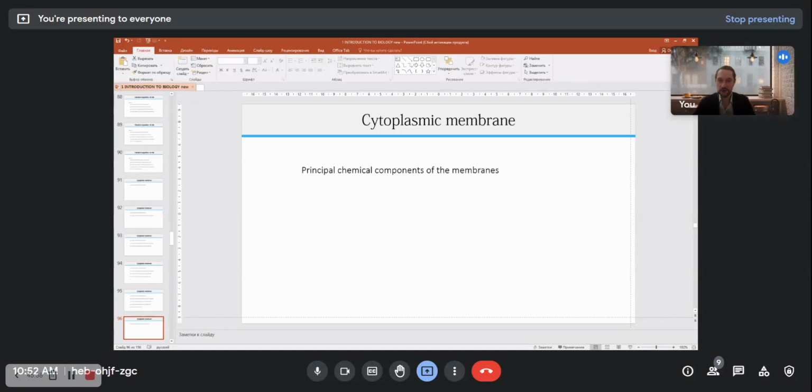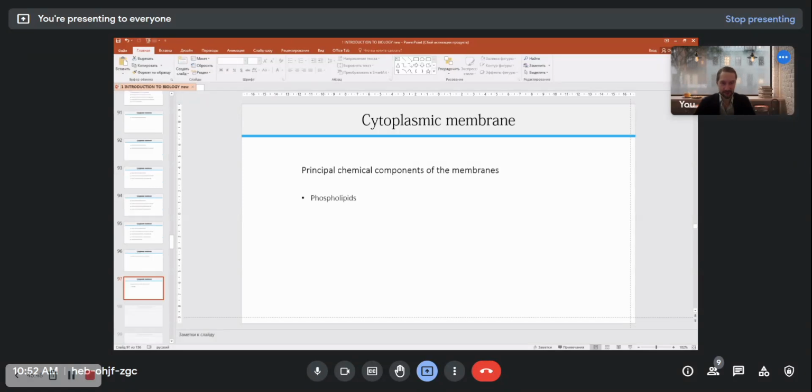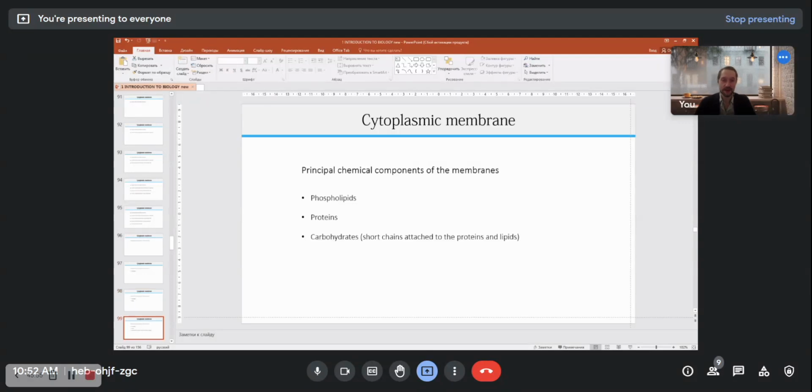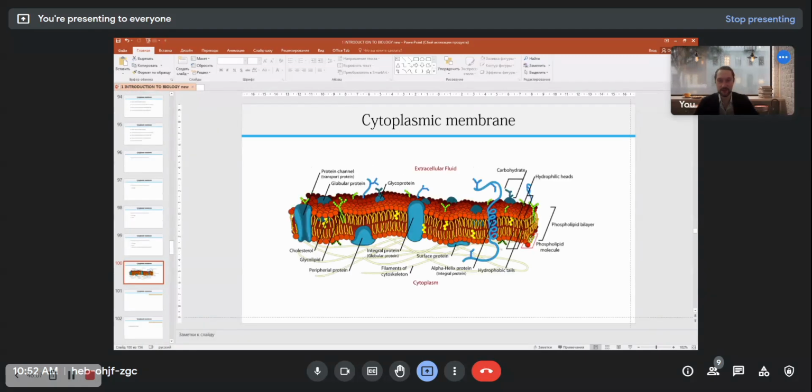So let's go further and speak now about more details of the cytoplasmic membrane, and about the components of cell membranes. The principal components of cell membranes are phospholipids, proteins, and carbohydrates. The major component of the cytoplasmic membrane is represented by phospholipids.